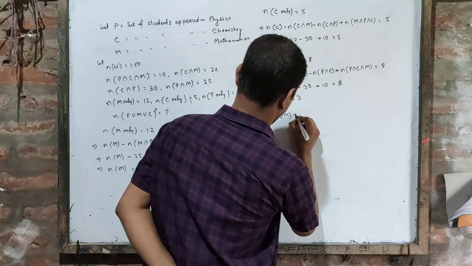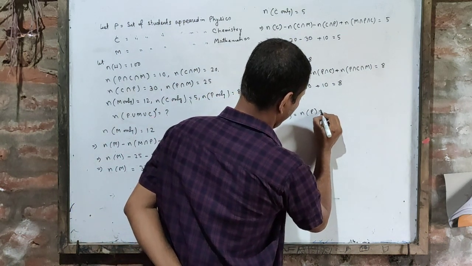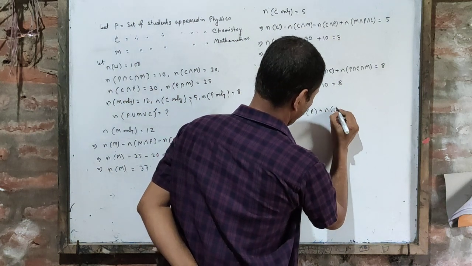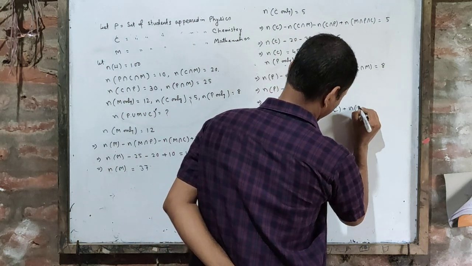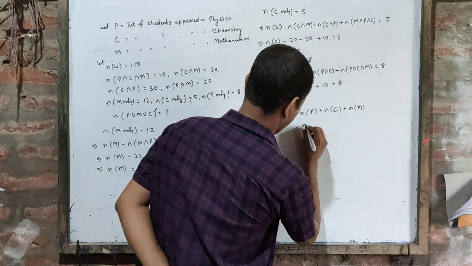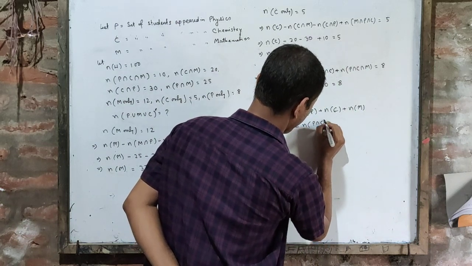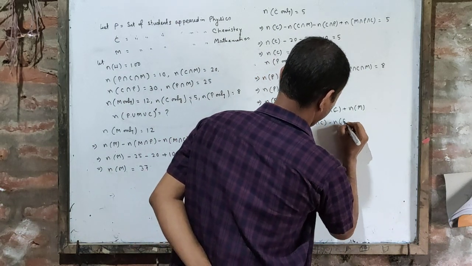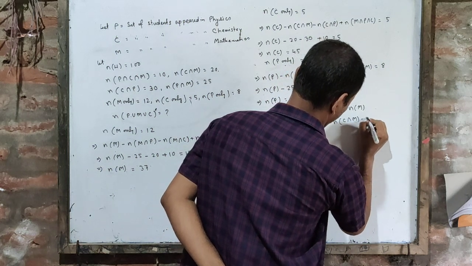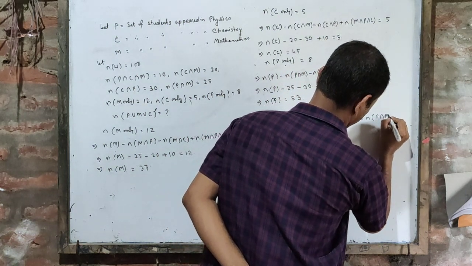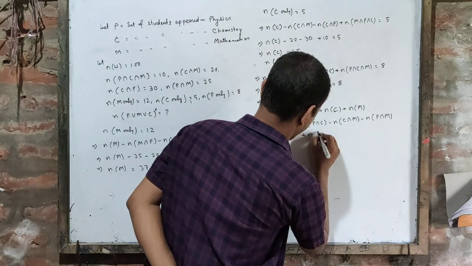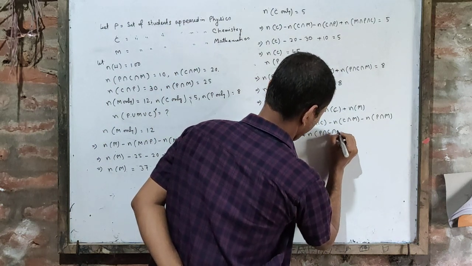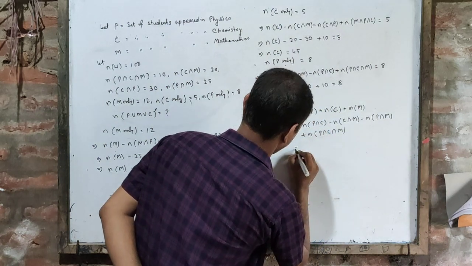N of P union C union M is equal to N of P plus N of C plus N of M minus N of P intersection C, N of C intersection M, N of P intersection M, plus N of P intersection C intersection M. Put the values.